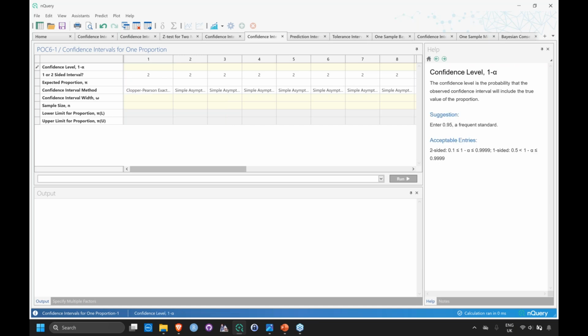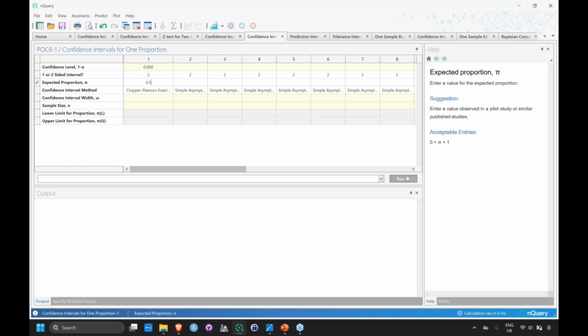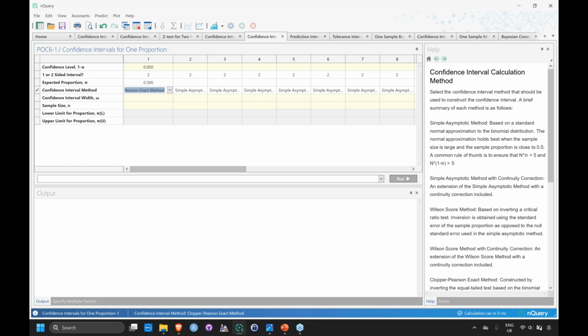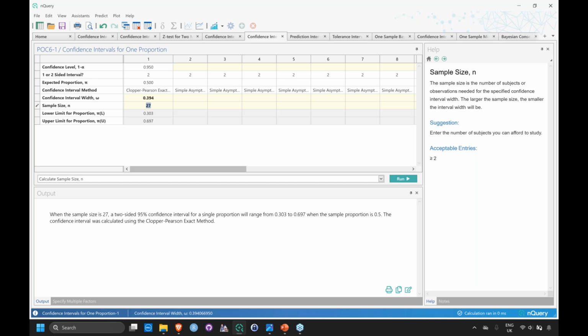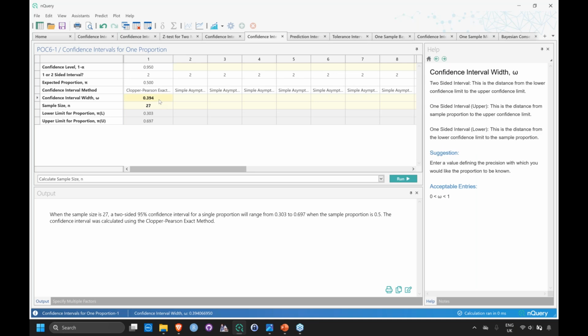So we'll stick to the same confidence level, expected proportion of 0.5, Clopper-Pearson, and now it's asking for the full width as opposed to the half width. So twice 0.2 is 0.4. And we see that a sample size of 27 is required to achieve a width that's just a little bit narrower than the target.